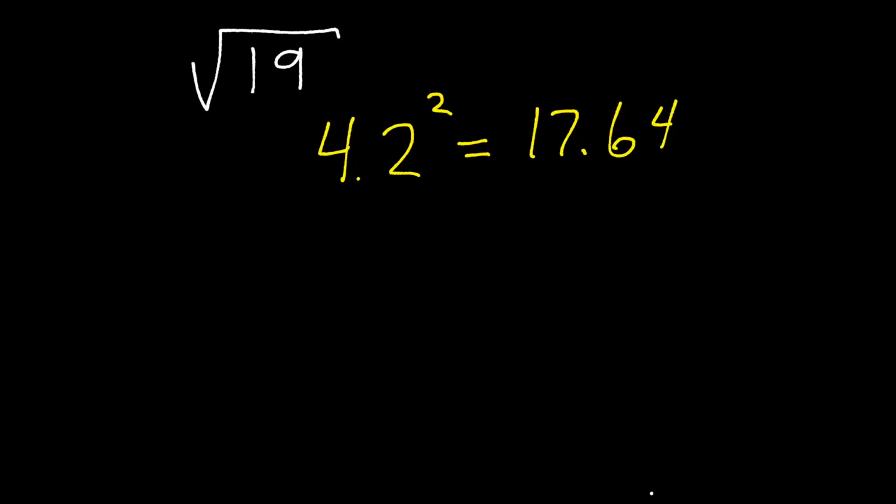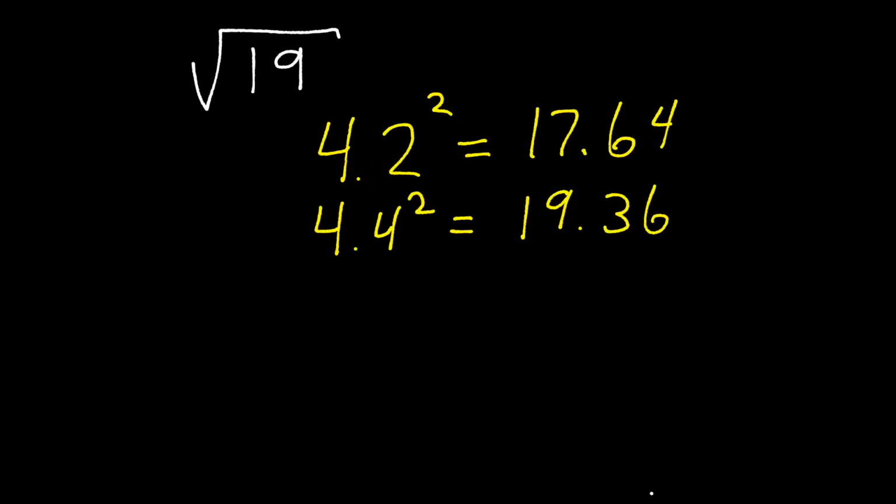So then we might want to try 4.4 squared. And if we take 4.4 squared, we get 19.36, which is now a little bit too high. But we are definitely closer than we were with 4.2.